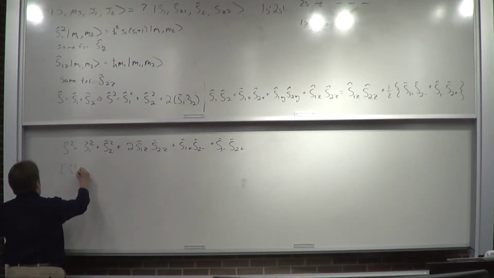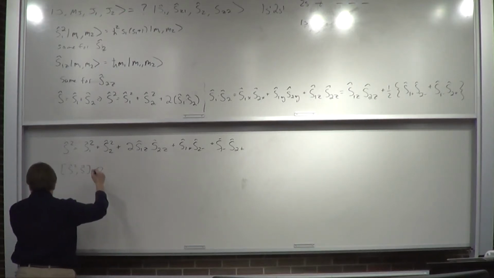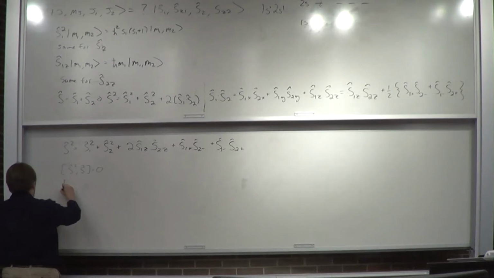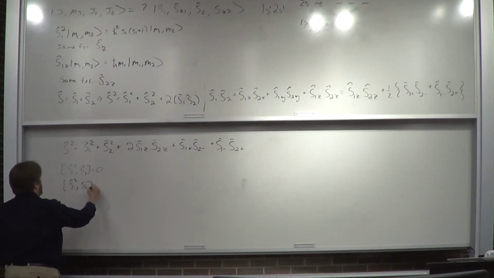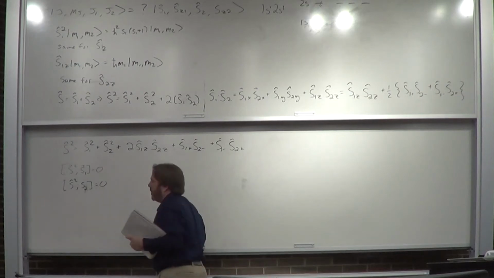S squared and S actually commute. Remember, you can't take that for granted. Let's say S1, right? There's no just S. S squared and S1, S2 commute, and let's look at that. Why would we commute?